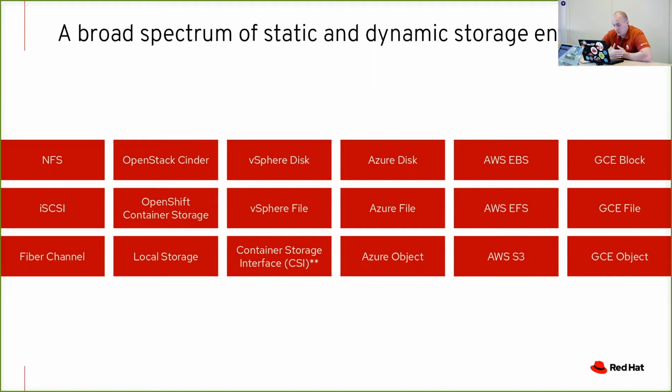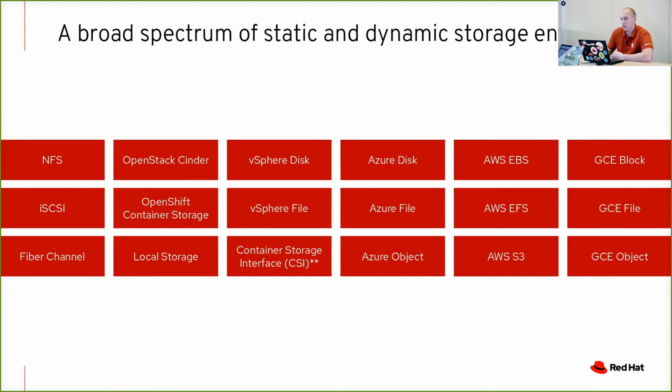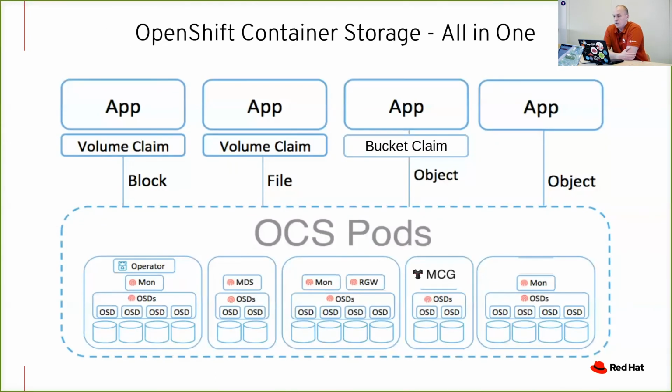In order to really give you the largest possible flexibility in terms of the storage types you might use, and also in terms of the storage access modes, we also offer OpenShift Container Storage technology, which is based on the Ceph software-defined storage. With container storage, we have fully containerized Ceph, so you can deploy this storage as part of your OpenShift cluster.